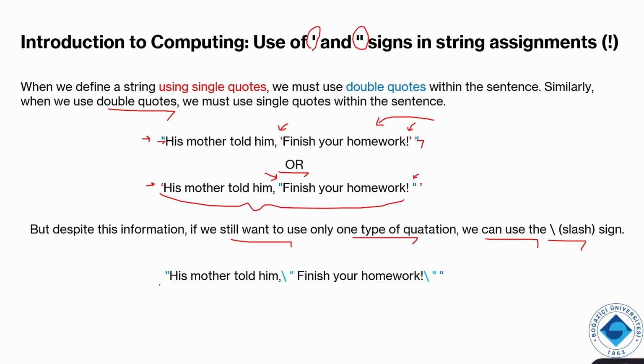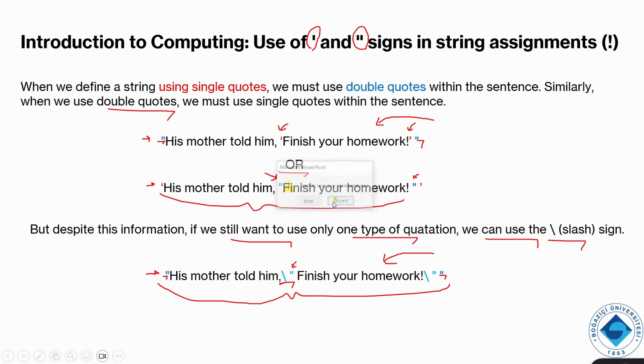Let's say we are defining one string and we start with a double quotation mark and end with a double quotation mark, right? And if we want to put one more double quotation mark inside of this string, this time you have to use a backslash.